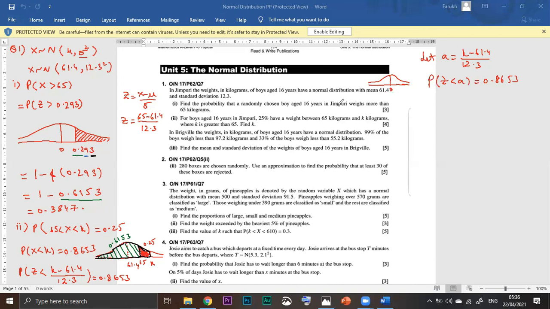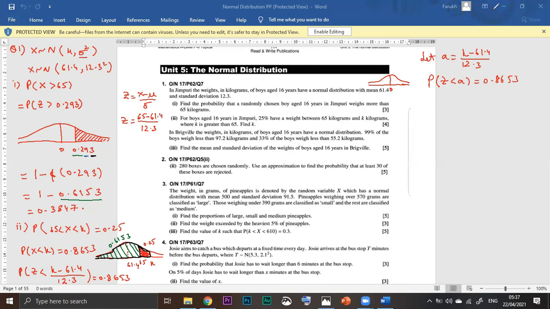When z is less than a, the area is 0.8653. Area to the left of a is 0.8653. Total area under the curve is 1. Is a positive or negative? Mila, please respond.